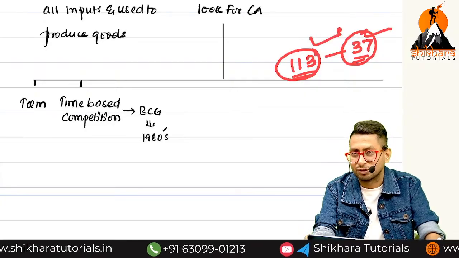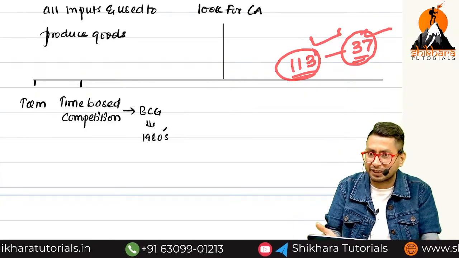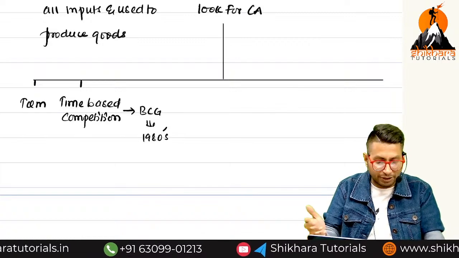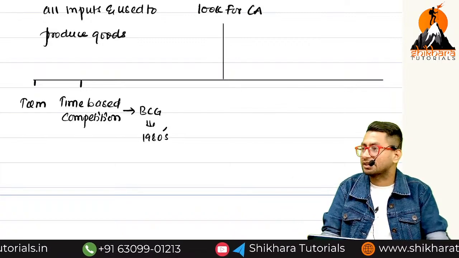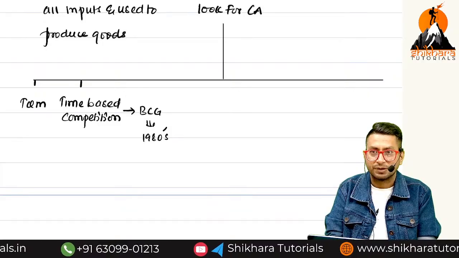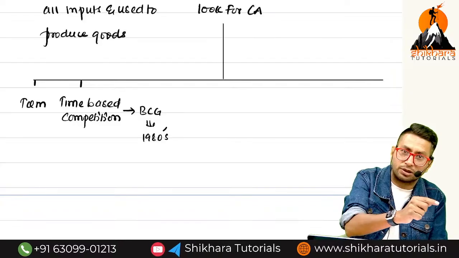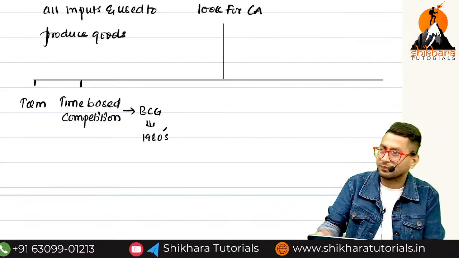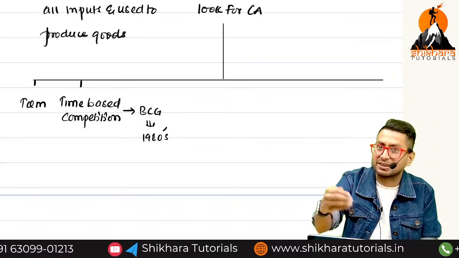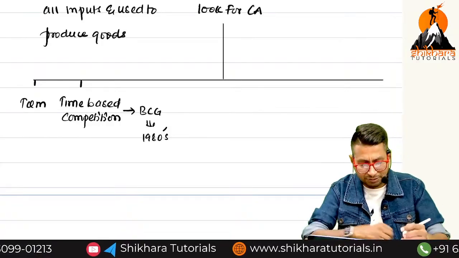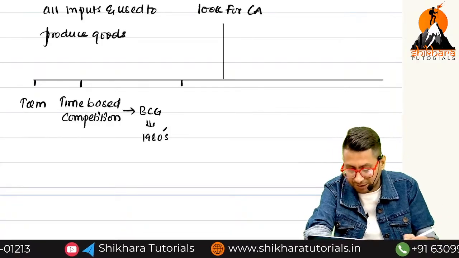Then you see Yamaha bikes have limited varieties, but Honda has a lot of varieties available at every price point. So now tell, who is able to launch multiple new models of vehicles in a lesser time? Is it having an advantage over other vehicles? Simple. Time-based competition also I can create as an advantage.